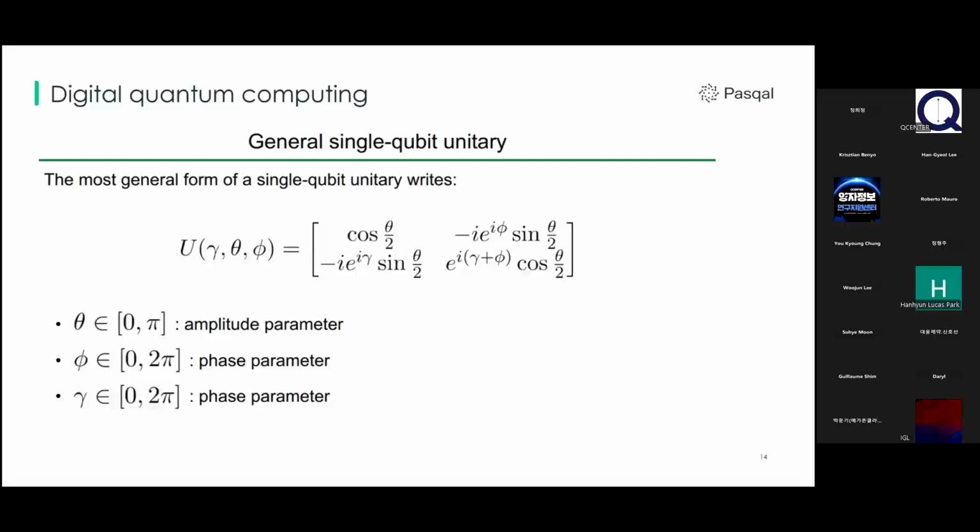So the tricky part here is that from a theoretical point of view, there are many equivalent representations. So here, this form is really one of the most generic representations of how a quantum logic gate looks like.